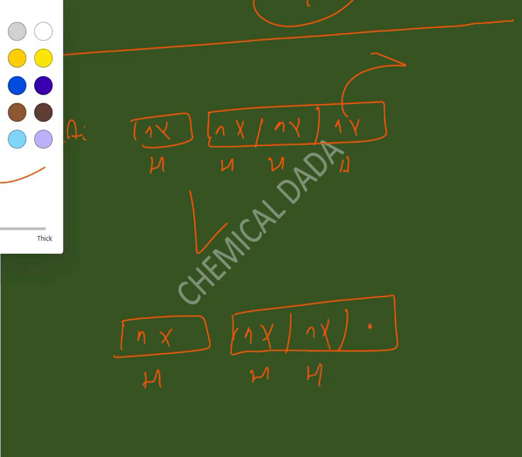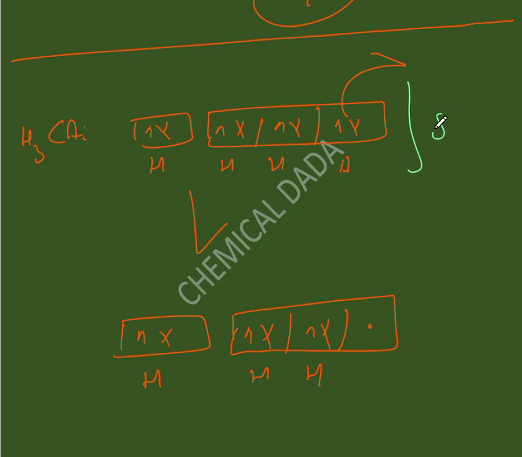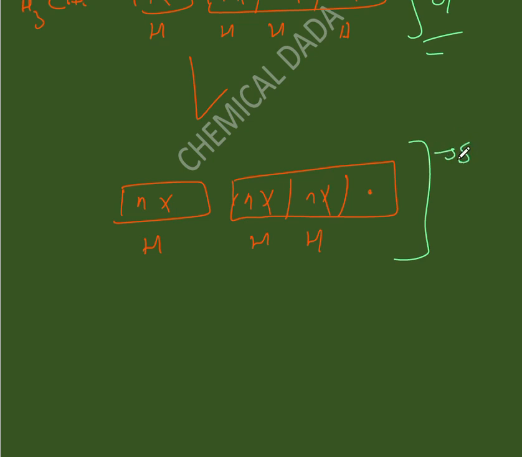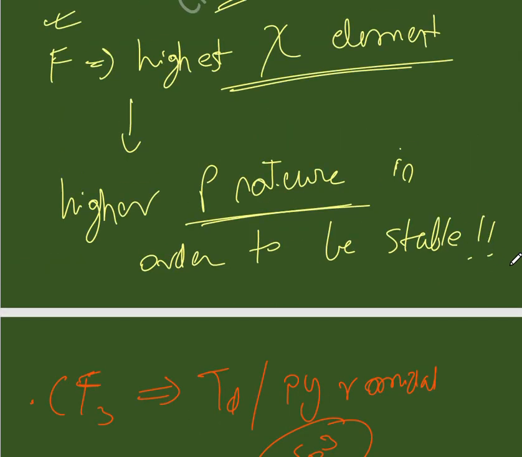So okay, one more thing. This was sp3 hybridized, as you already know. And what about this now? It can either be sp2 or it can be sp3, as we already discussed in the previous case of CH3 radical.